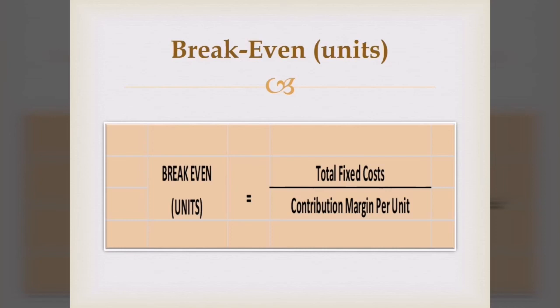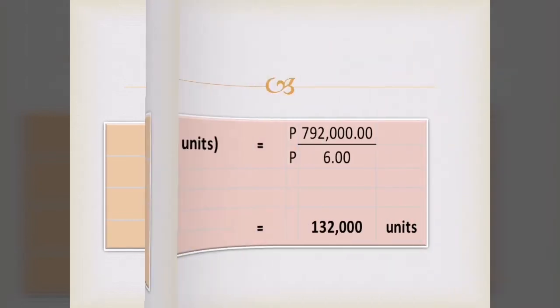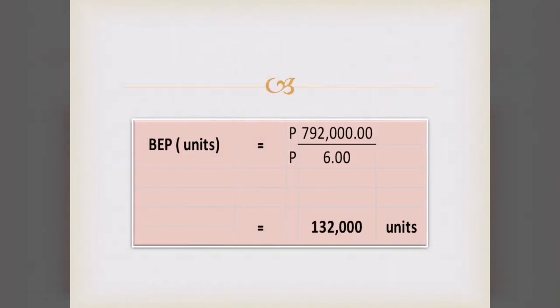The formula is total fixed cost divided by the contribution margin per unit. So if we have a total of 792,000 fixed cost, we divide it by 6 pesos. We now arrive at 132,000 units break even.